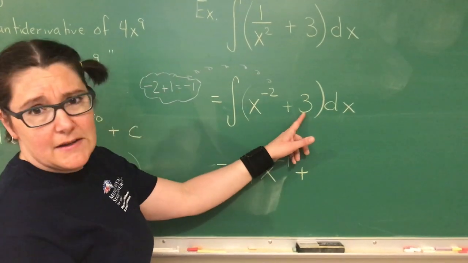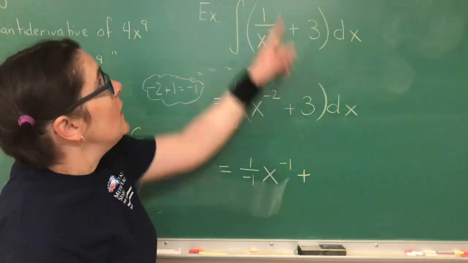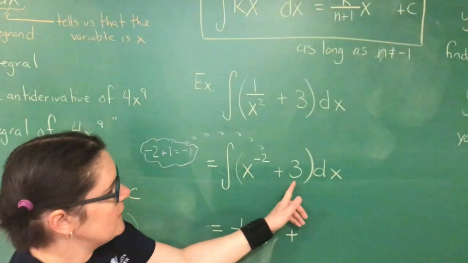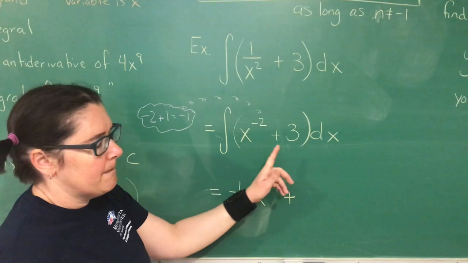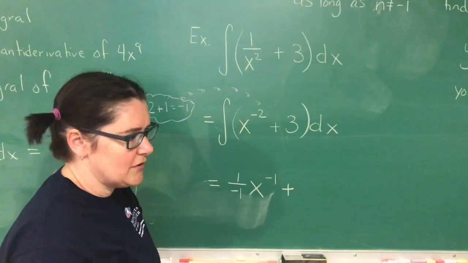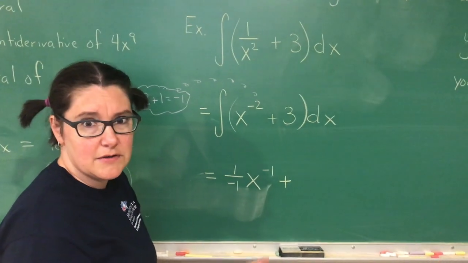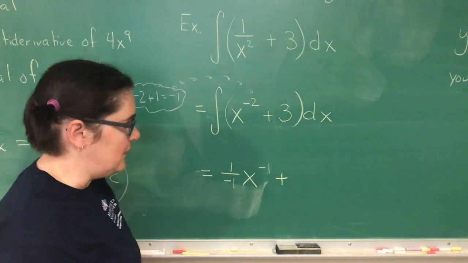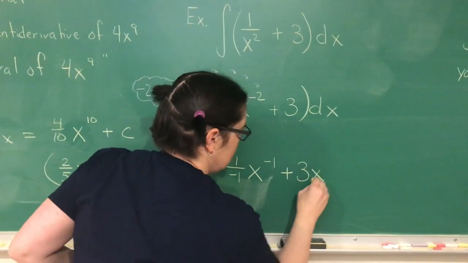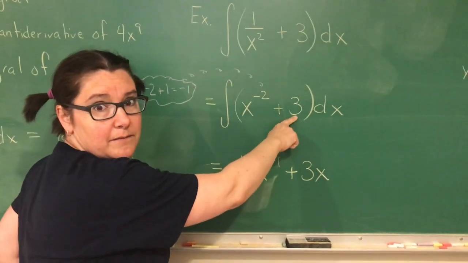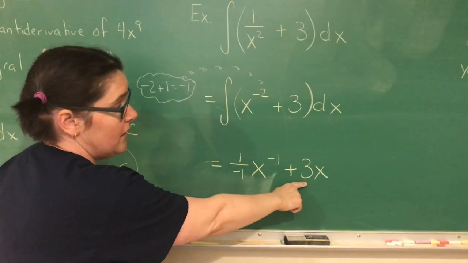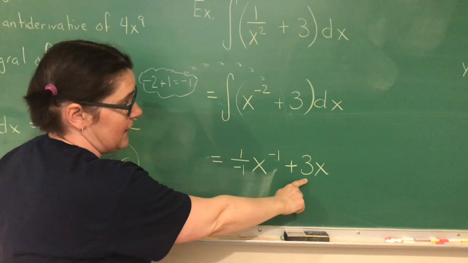And now I want to find the antiderivative of 3. Now, our rule up above does not work because we don't have an x attached to that 3. So what I want to think about is, what function's derivative is 3? And the answer is 3x, because the derivative of 3x is 3. So here our antiderivative of 3 is 3x.